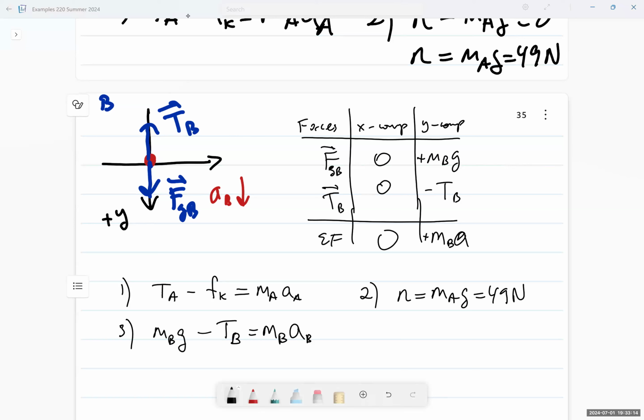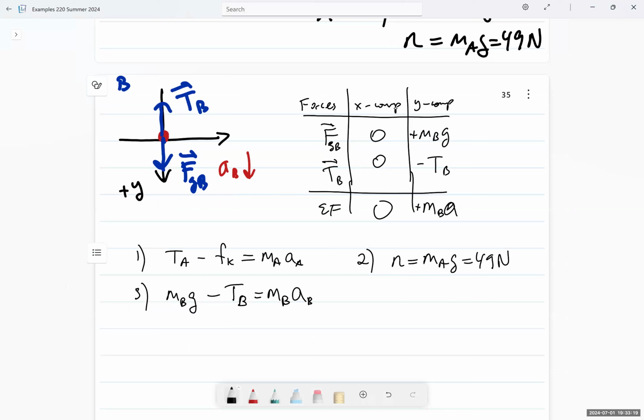All right, remember our goal was to find an expression for acceleration or calculate acceleration. I now have two equations, two unknowns.